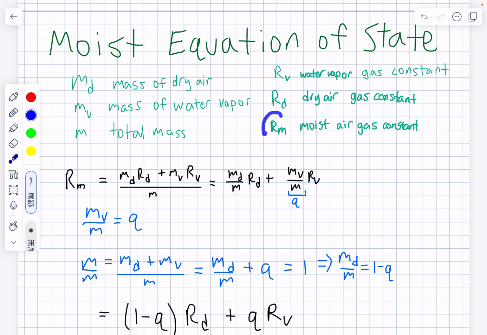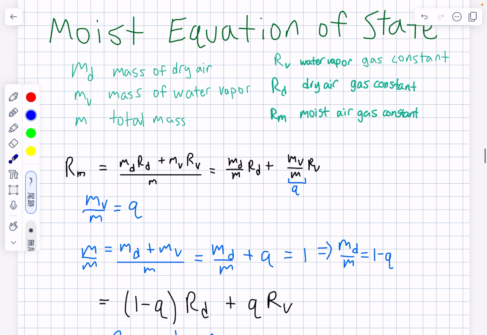And we're going to derive the moist air gas constant, which we can then use in our equation P is equal to rho Rm T. So we can define Rm as a linear combination of dry air mass, dry air gas constant, water vapor mass, and water vapor gas constant divided by the total mass.